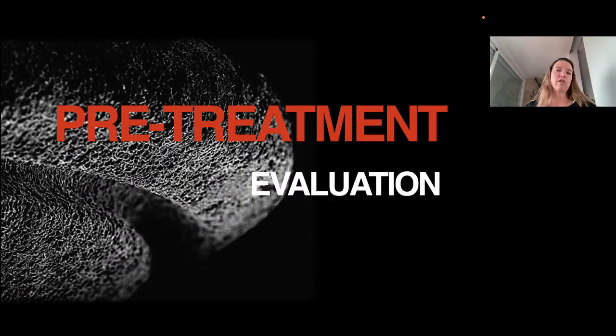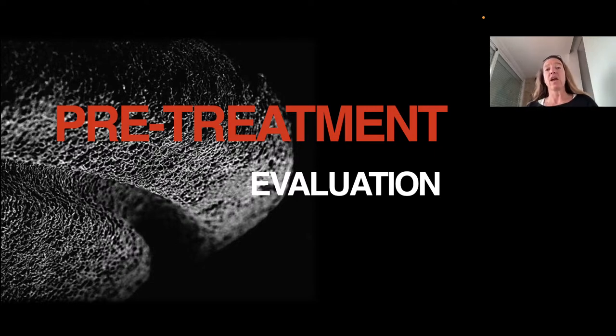So before we started treatment, we talked about this already, about the pre-treatment evaluation, to evaluate not only what kind of treatment we are delivering to our patient, but also the type of patient that you have in front of you. So it's important to understand who this patient is, in terms of systemic conditions.